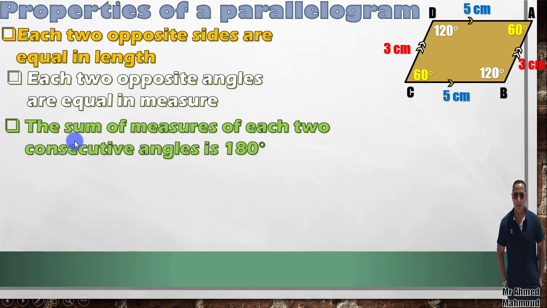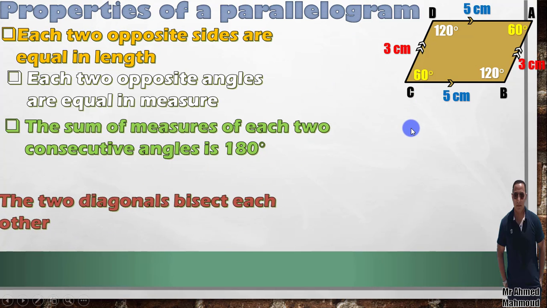This is property number 3: the sum of measures of each two consecutive angles equals 180. A plus B together 180, B and C, C and D, D and A, the sum of their measures equals 180, but the opposite angles are equal in measure.